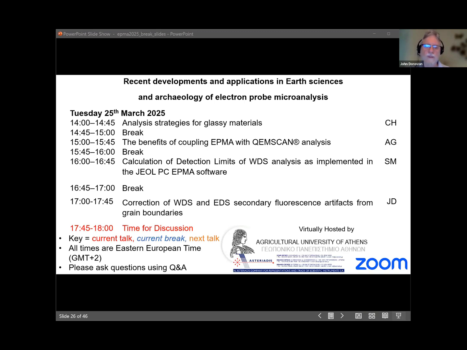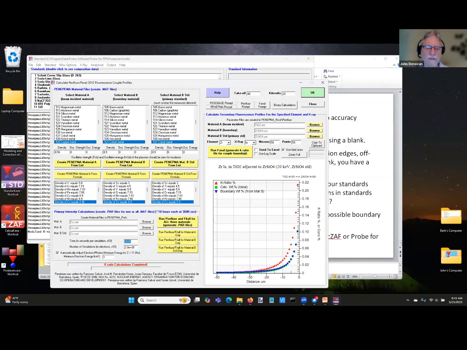But with this, am I still sharing my screen? Nope. Okay, that's the problem. You can share it if you want. Okay, thanks. So here, when you run the calculation, all these points, all these distances are calculated all at once, because it's using a simplified model for calculating fluorescence, but it's pretty accurate.